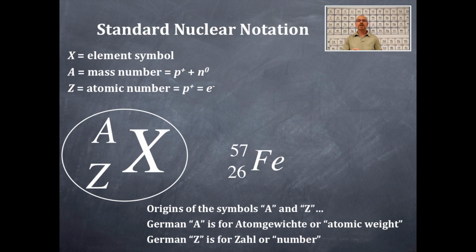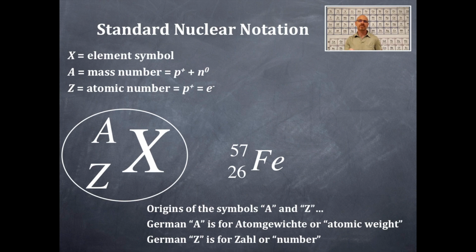Okay, so you should be able to figure out the number of protons, the number of electrons, and the number of neutrons from this standard nuclear notation that we have here. And it all starts off with that 26, which is the atomic number, which represents the number of protons. It also represents the number of electrons in a neutral element, since I don't see a charge on that iron.